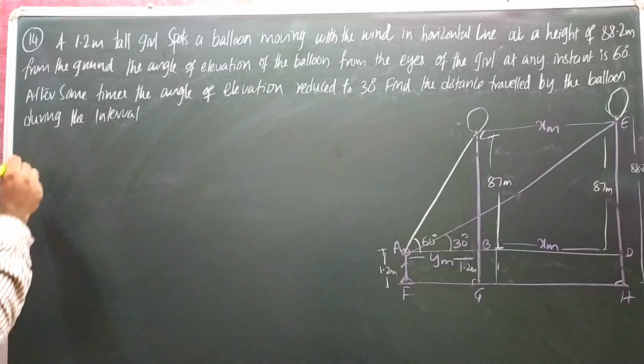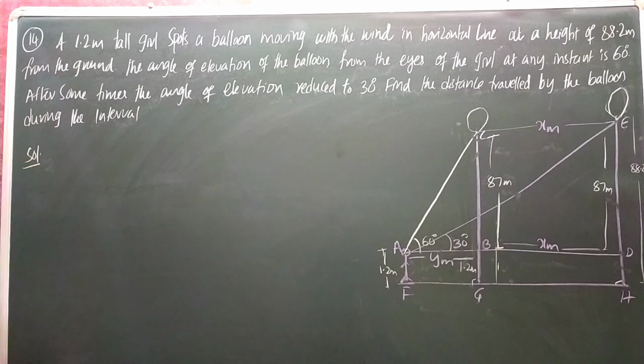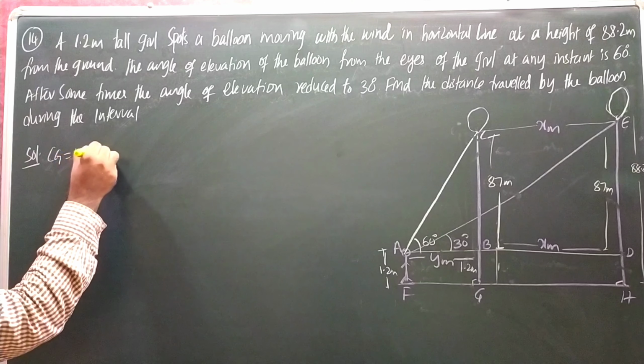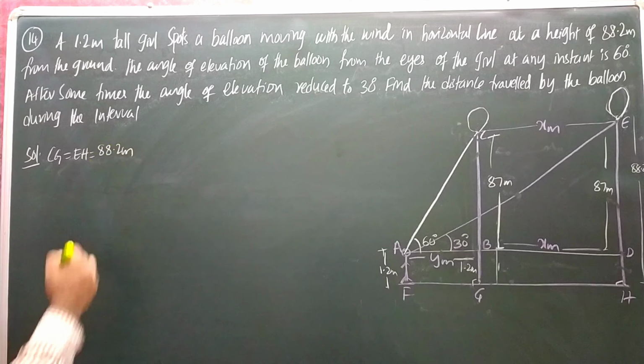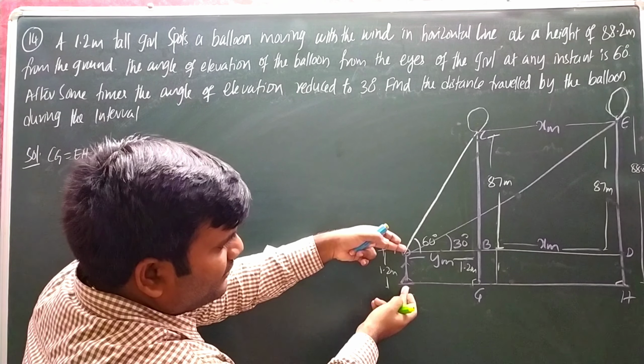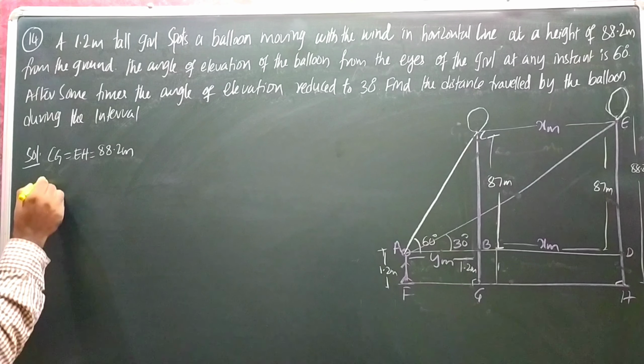Here, write the given information first. The length of CG and the length of EH: CG equals EH equals 88.2 meters. We need only this length BC. Next, AF is 1.2 meters.